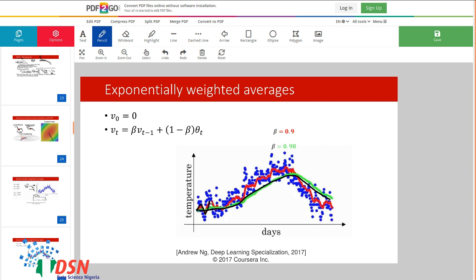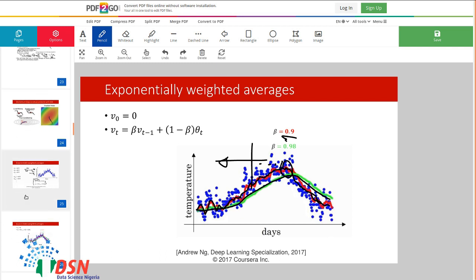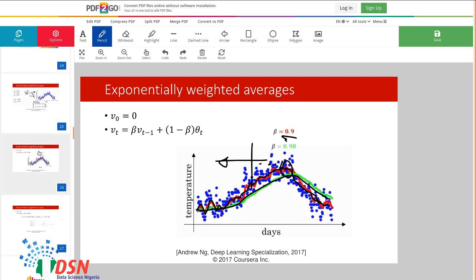And when you consider a smaller beta, it means that your current step is more important and you somewhat ignore really long previous steps. So when you have 0.9, it means that you are looking at approximately the last 10 steps to approximate your data.